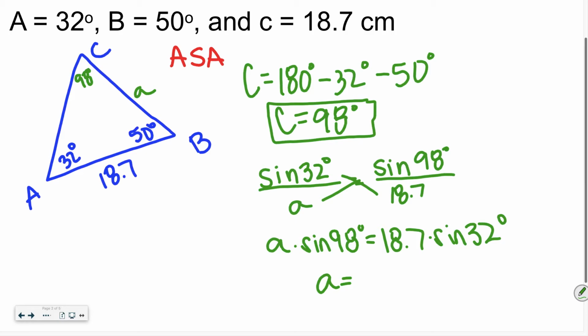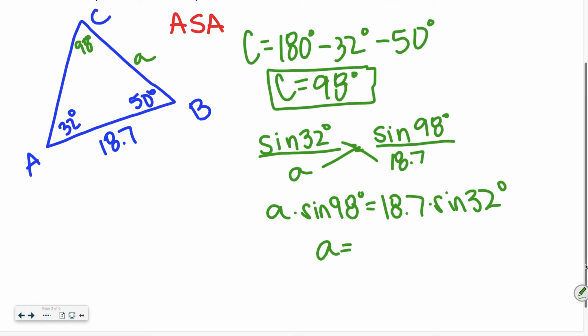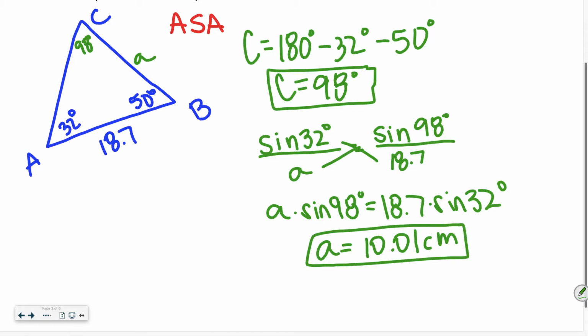But you can punch this in all in one swoop. And we're going to round to 2 decimal places. What'd you get? 10.01. And since side C was labeled in centimeters, I'm also going to label side A with centimeters.